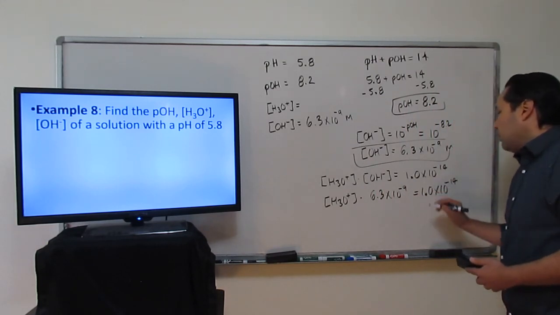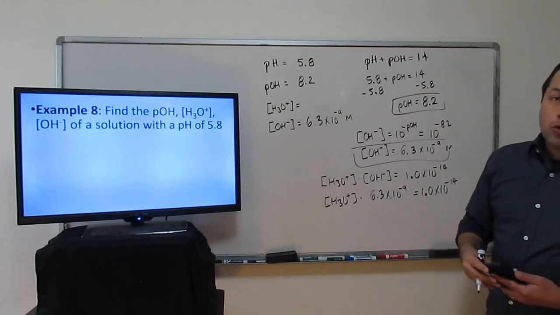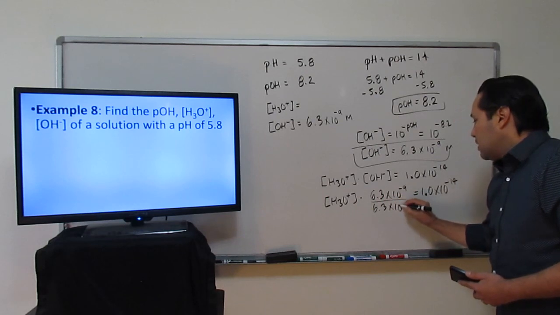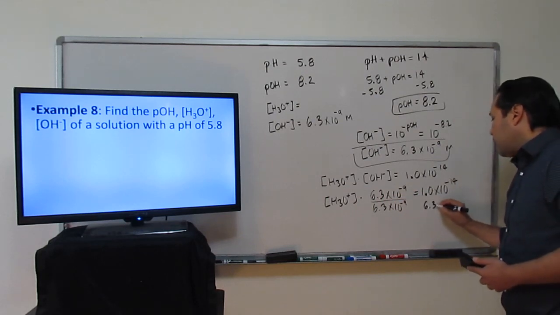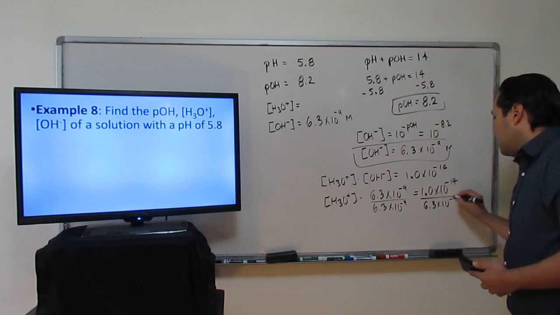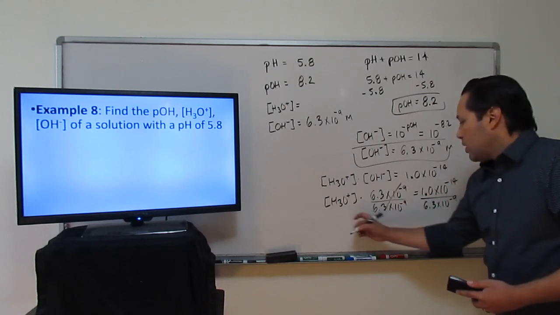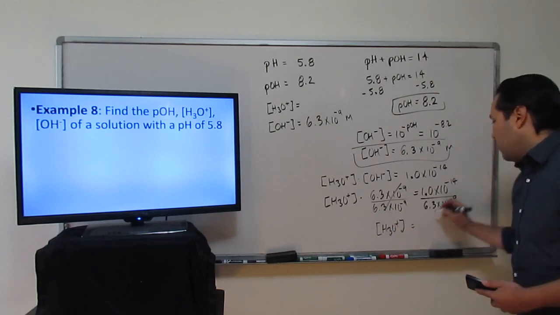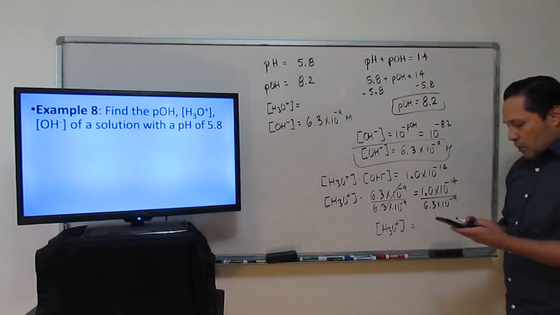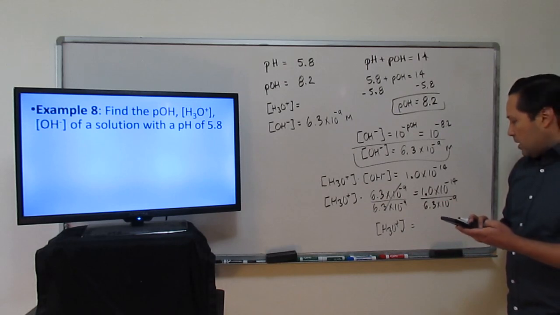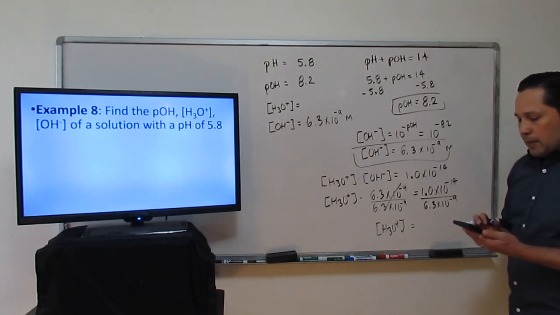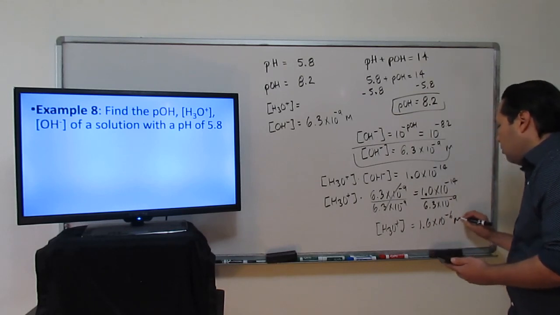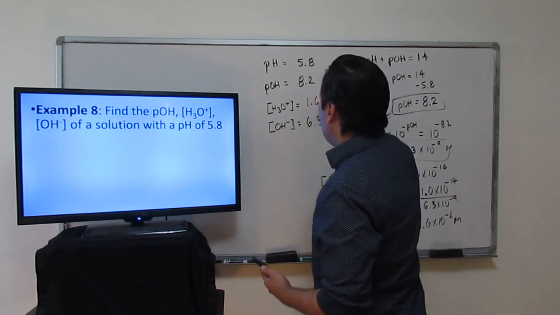Now I'm going to isolate the hydronium ion concentration. So I'm going to divide by 6.3 times 10 to the negative 9 on both sides. That will cancel this out, giving us just the hydronium ion left on the left side of the equal sign. And on the right side, we get 1 times 10 to the negative 14 divided by 6.3 times 10 to the negative 9. This gives an answer of 5.6 times 10 to the negative 6 molar. And that is our hydronium ion concentration.